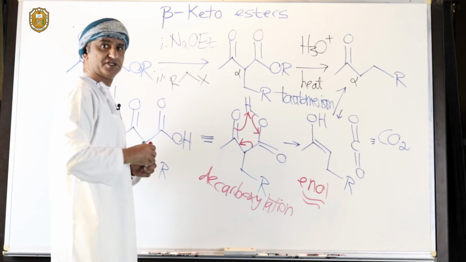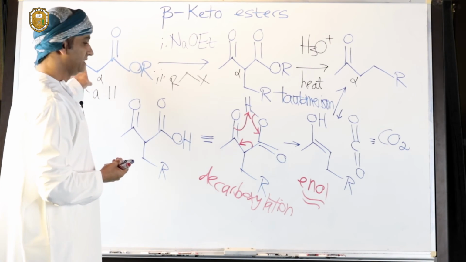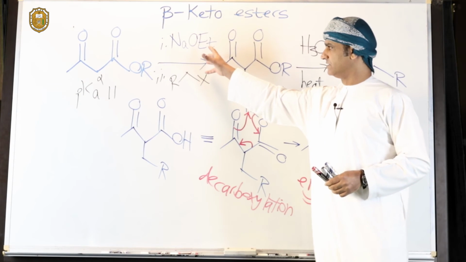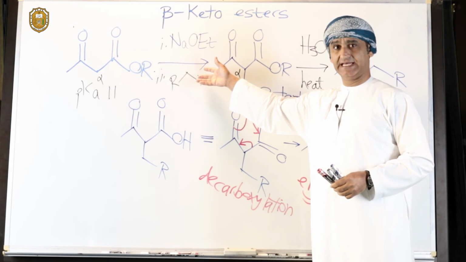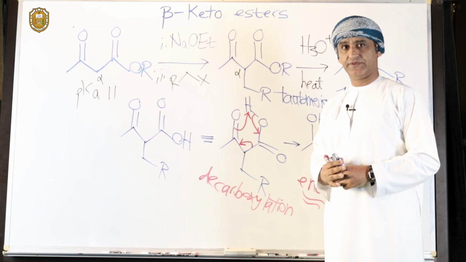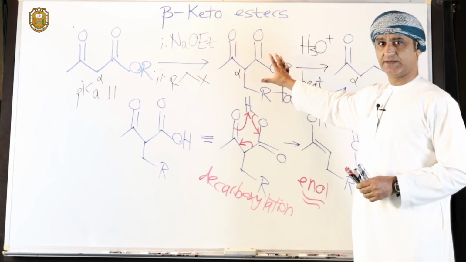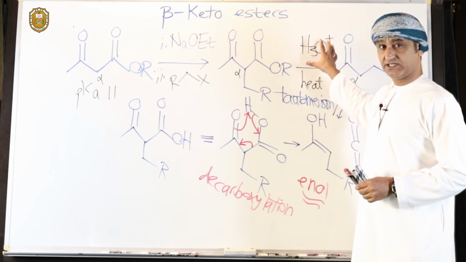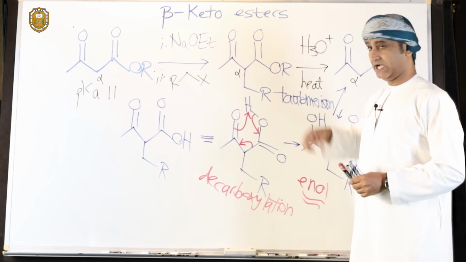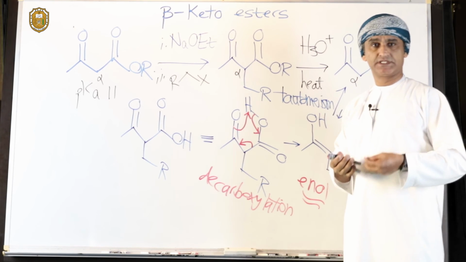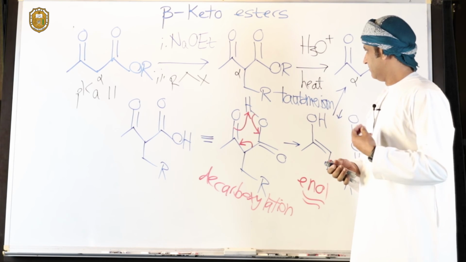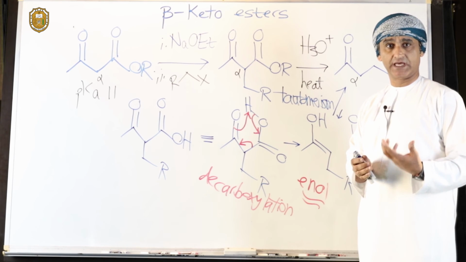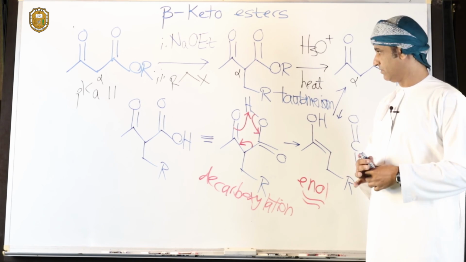And this should be a very useful reaction because we start with a beta-keto ester, an enolate is formed, followed by alkylation of the enolate to give a product of this type, and then an acid with heat should hydrolyze the ester, followed by concomitant decarboxylation of the carboxylic acid in the form of carbon dioxide.